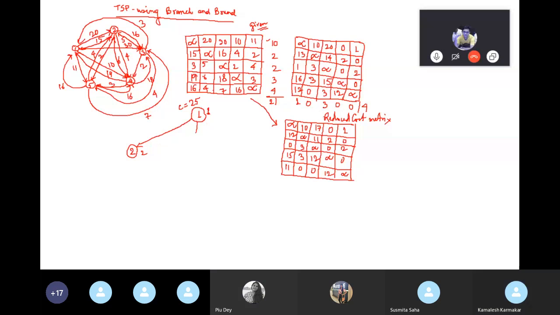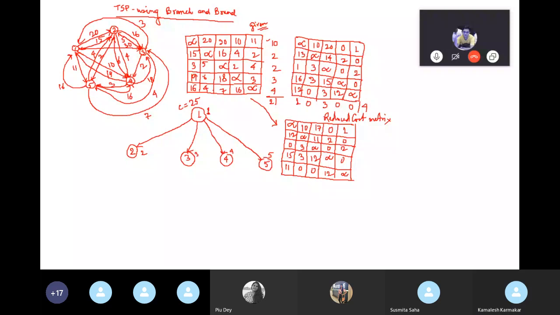Then another one, instead of 2, we can move to vertex 3. Now we can move to vertex 4, from 1 to 4. Now another choice is we can move to vertex 5.